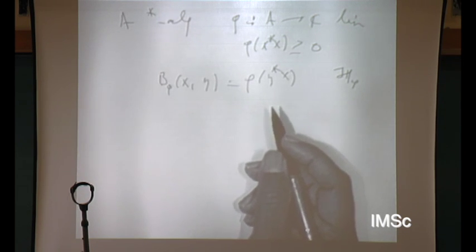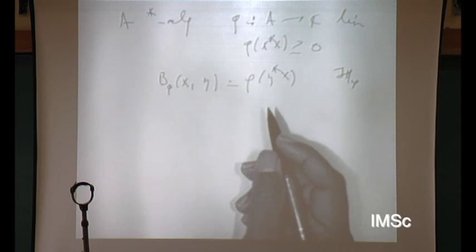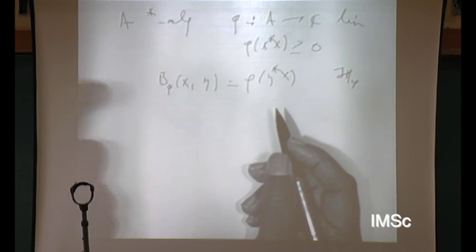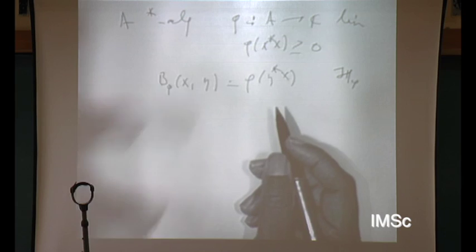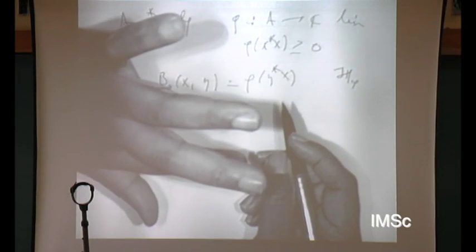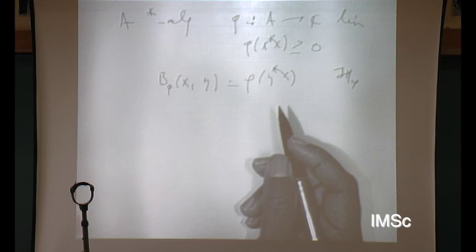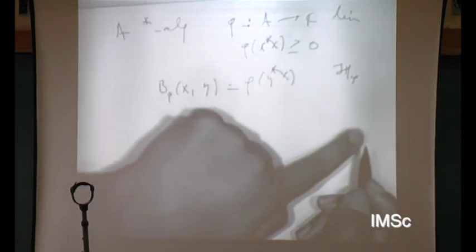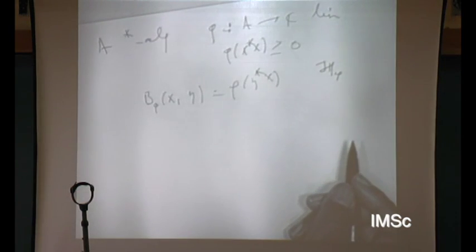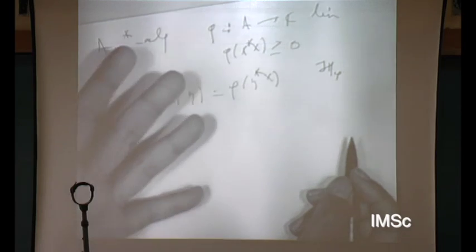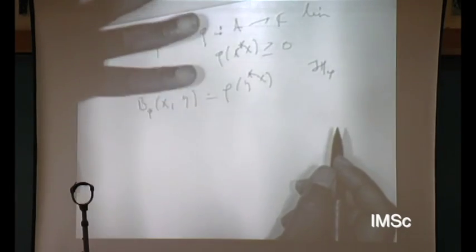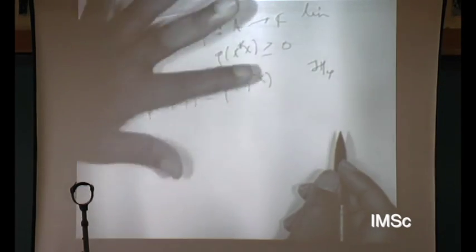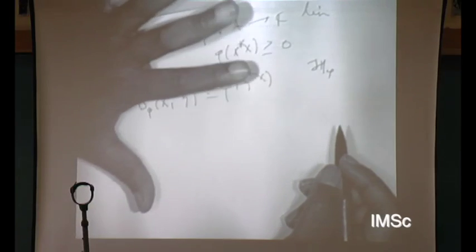So for every x, I can define left multiplication by x as a map from A mod N phi into itself. But then we need to be able to extend that to the entire Hilbert space. Up till now everything has been purely algebraic. But now you need to know that this operator is bounded.